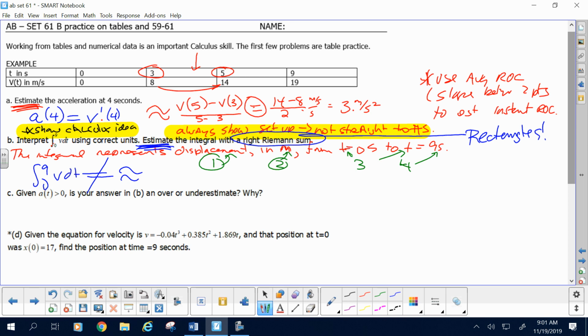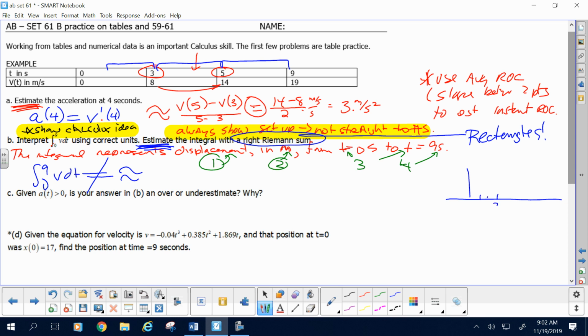Now, if I were to talk about how many rectangles, starting out a picture's pretty handy. If you do enough of these, you'll start blowing off the picture. But let's do a picture, okay? So really quick, and I mean a rough picture.